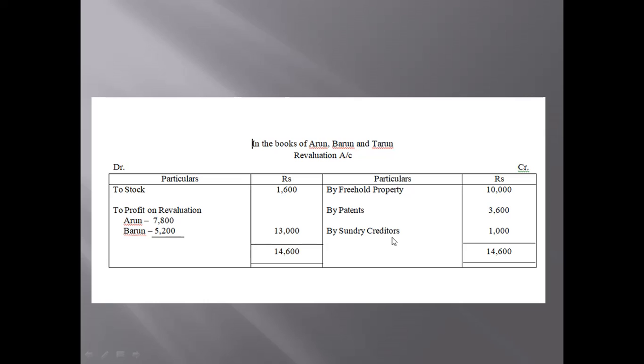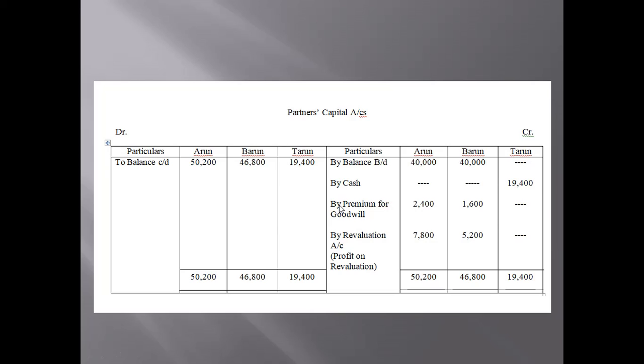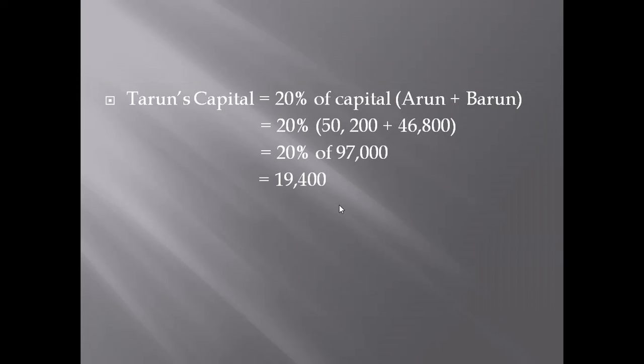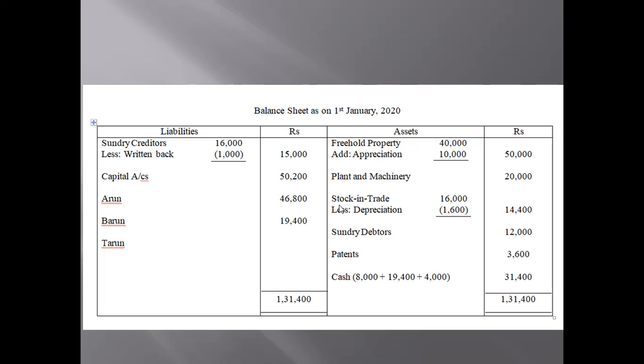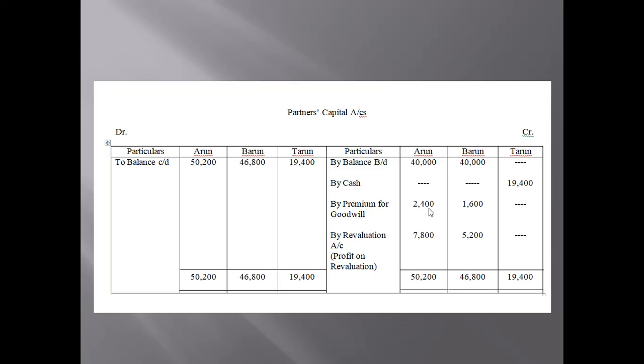Freehold property, we add 10,000, we subtract 1,600. But what about this patents? This patent is also an asset, so we have to write patents before we write the cash amount. So we write 3,600 for patents, and we get this value from the revaluation account.